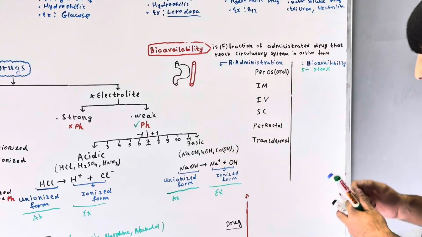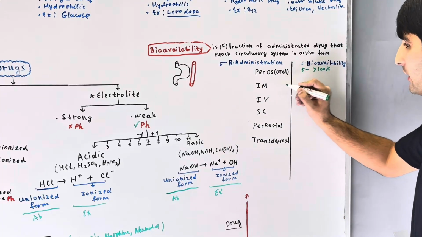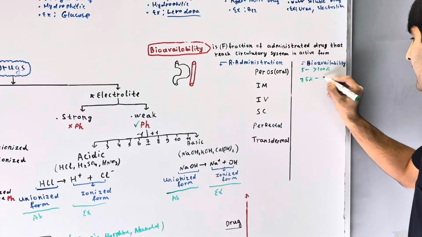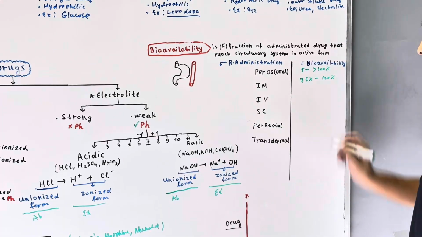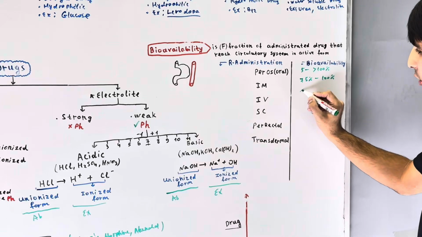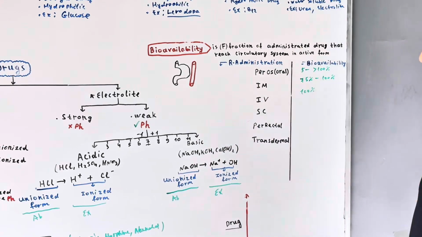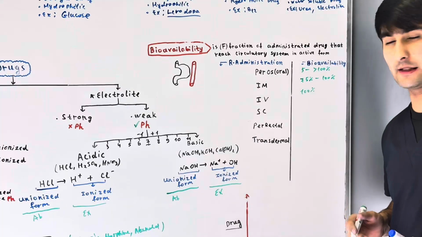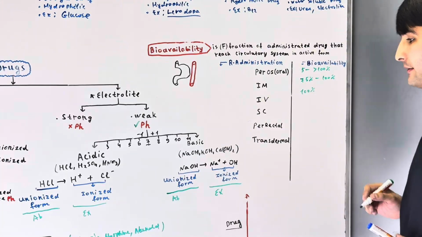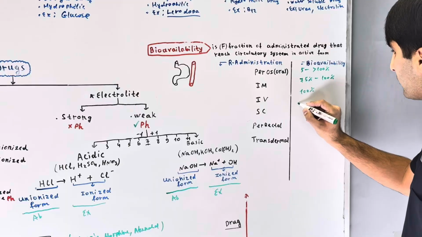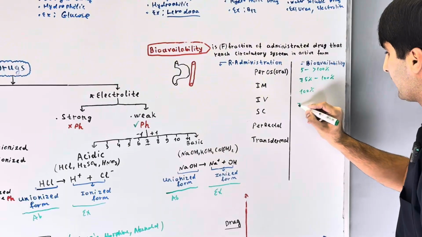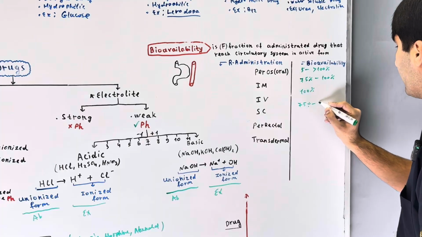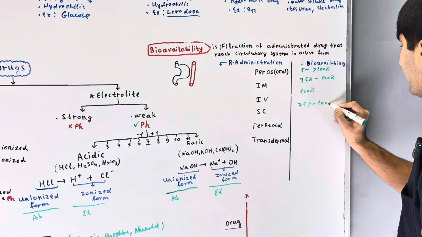So the second one, the bioavailability in the intramuscular type, can be between 75% and 100%. For intravenous, it can be 100%. Why? Because we directly inject the infusion or the drugs into the circulatory system. That's why it can be 100%. The subcutaneous is the same as the intramuscular. It can be from 75 to 100.